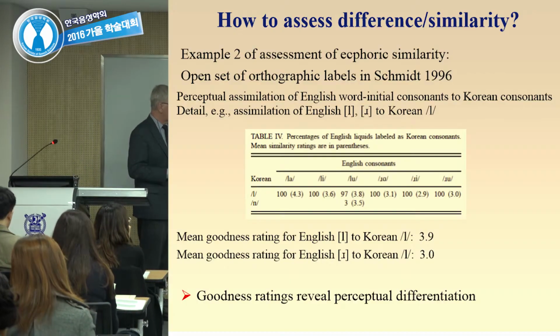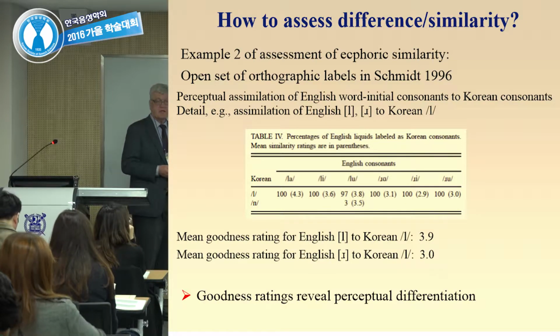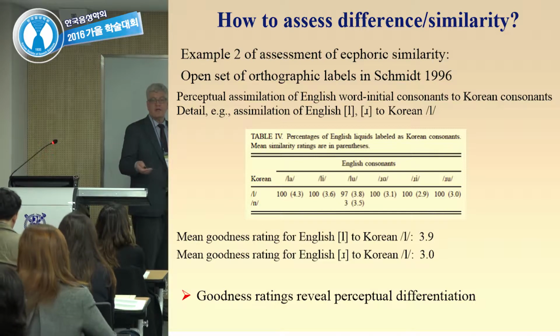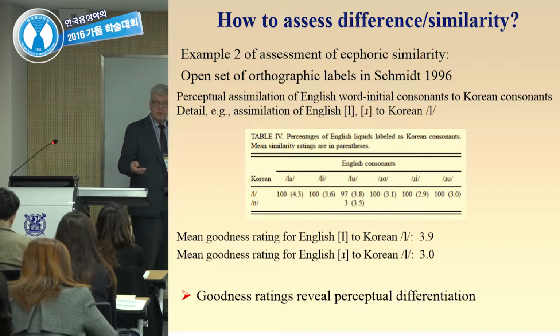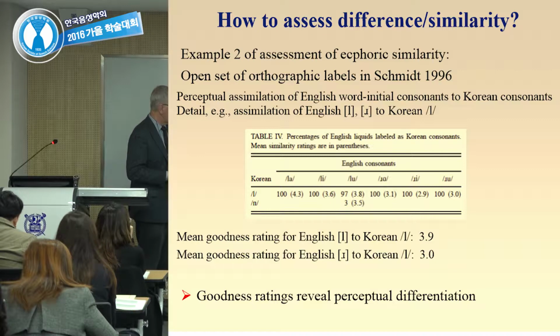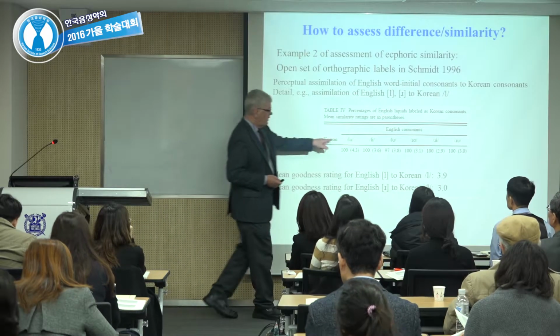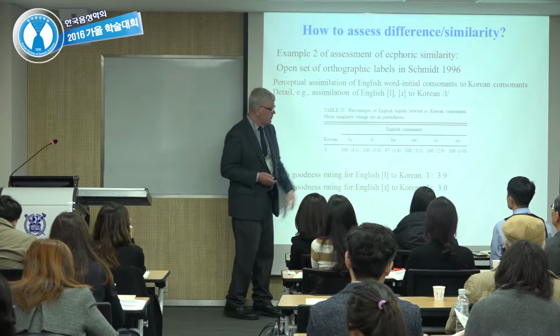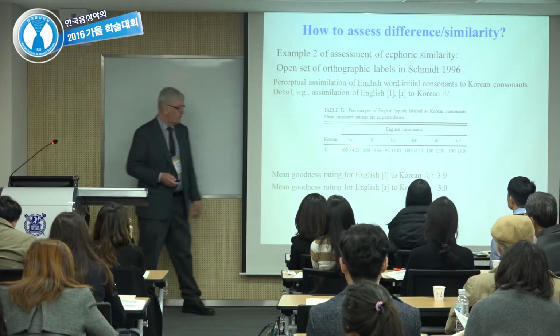And when I saw this, I found this quite interesting, because the common stereotype of Koreans is you can say L or R and they have no idea what they're hearing. That is simply not true, according to this result. Yes, L and R of American English are assimilated to L, but look at the goodness ratings. The goodness ratings are really different.